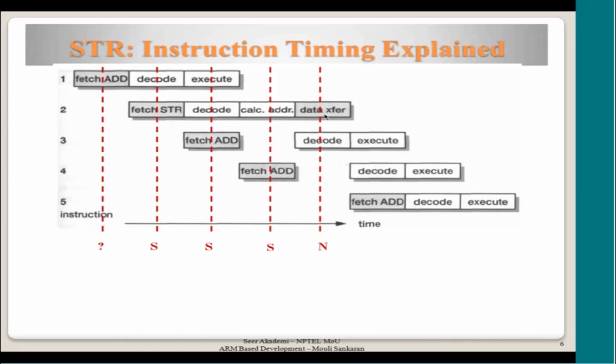The previous access was a data transfer, and now it is going to access an instruction, which will not be at a consecutive address from the data. So the first fetching of an instruction after data is accessed will be a non-sequential access. That is why we see that N is coming here.